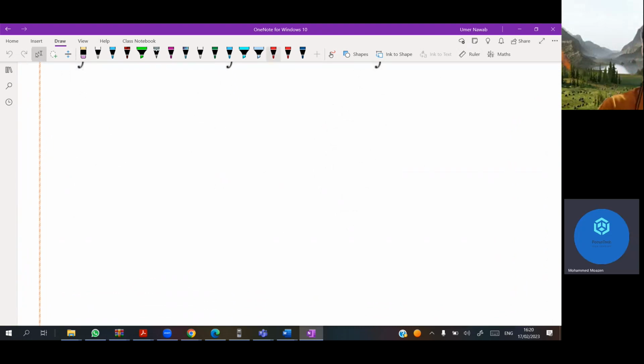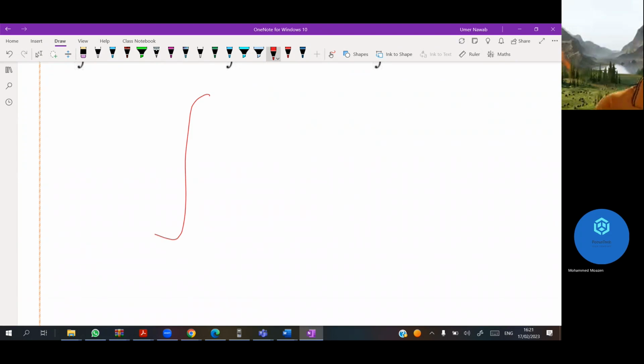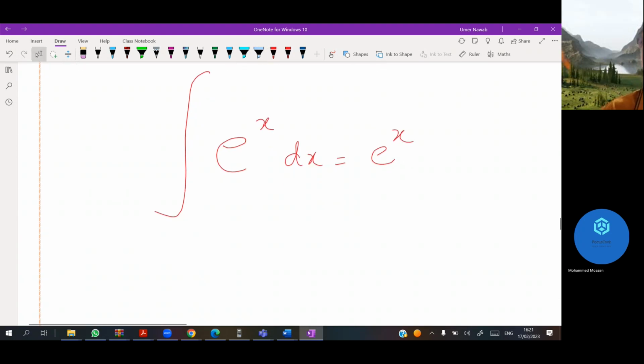The first thing I want to teach is the integration of the exponential function, which is in our course. The integration of e raised to power x is the same, but sometimes the examiner gives you a linear factor here, and then we write the integration of e raised to power ax plus b.